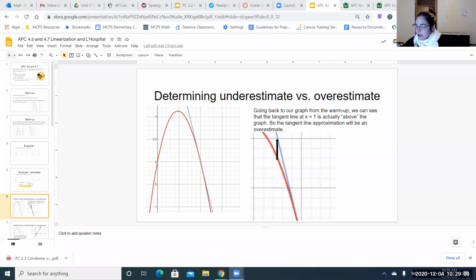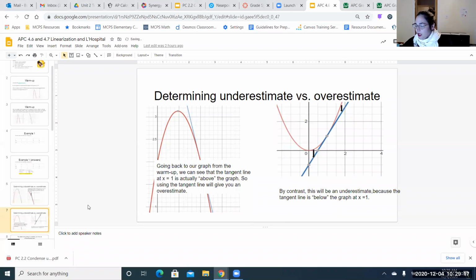By contrast, if you have a graph that looks like this one here on the right, it's going to be an underestimate because the blue line is below the graph. So how do you know when it's an underestimate or an overestimate?